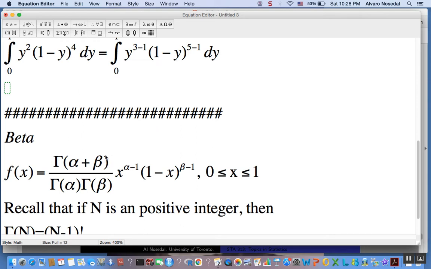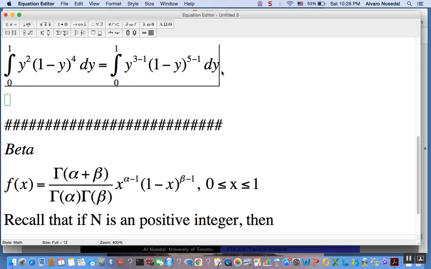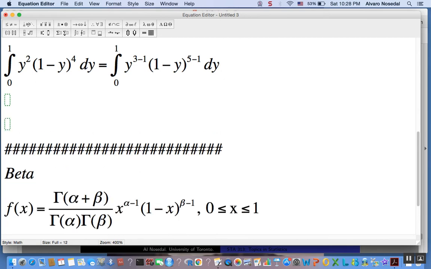Well, if we had that constant inside that integral, the integral from 0 to 1 of a constant that looks like this with the appropriate alpha and beta would be just 1. So let's try and complete the expression that we need.